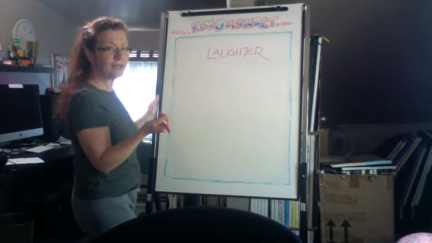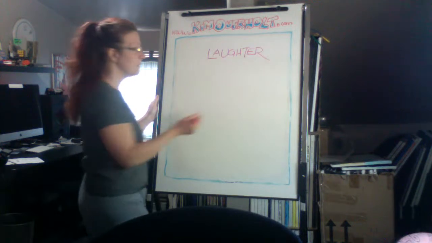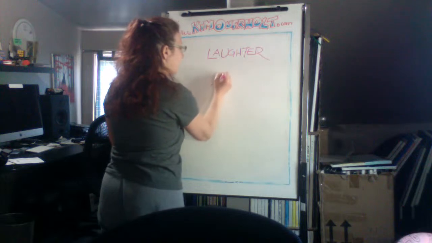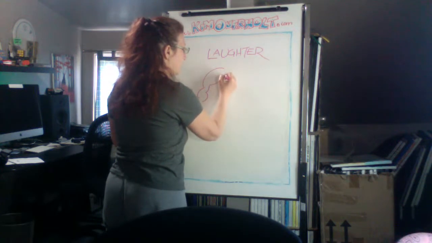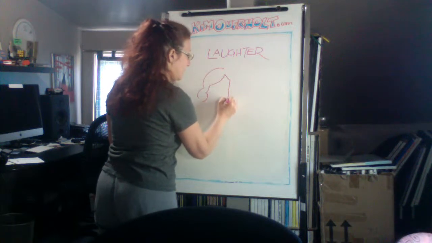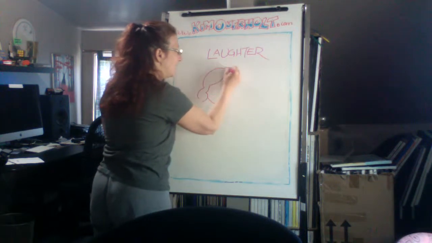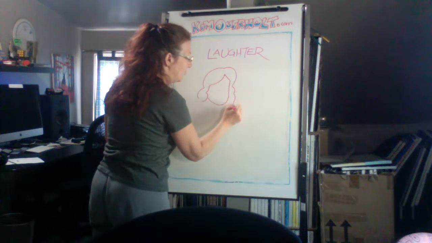And you can play with that and make a cartoon out of it. So you can make a girl laughing. See, make their face. That's her hair there. I'm trying to think of her in very basic terms.